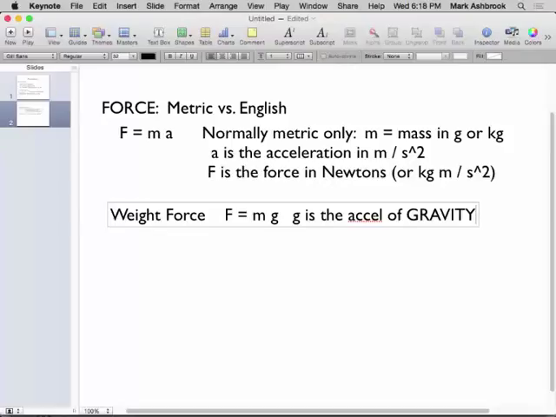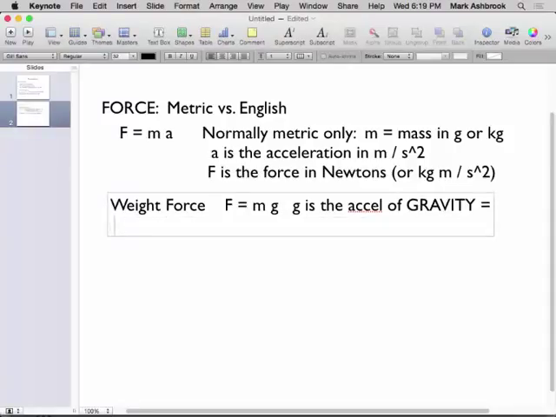You're going to use this mostly in the metric system, because if they give you the mass and you need the weight, it will be in force units, newtons. So you'll need g, which is 9.8 meters per second squared. Every second, a falling object speeds up by 9.8 meters per second.